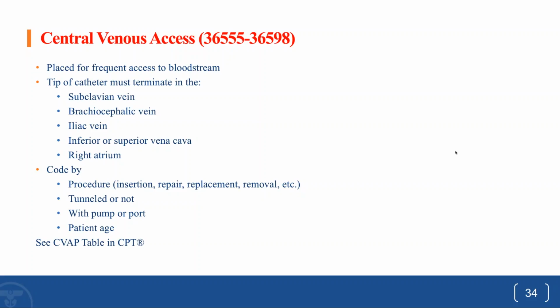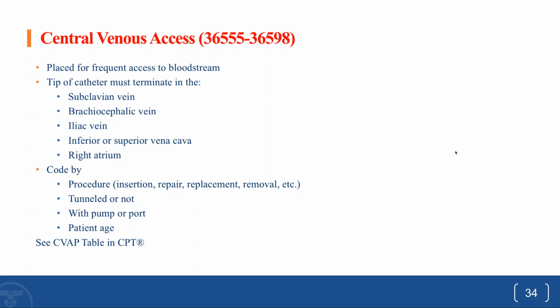Okay, so a 70-year-old man, let's see where I can go. Let's see if they'll get this one. A 70-year-old man comes in for a catheter placement, non-tunneled. Catheter placement, non-tunneled, and they're 70 years old.